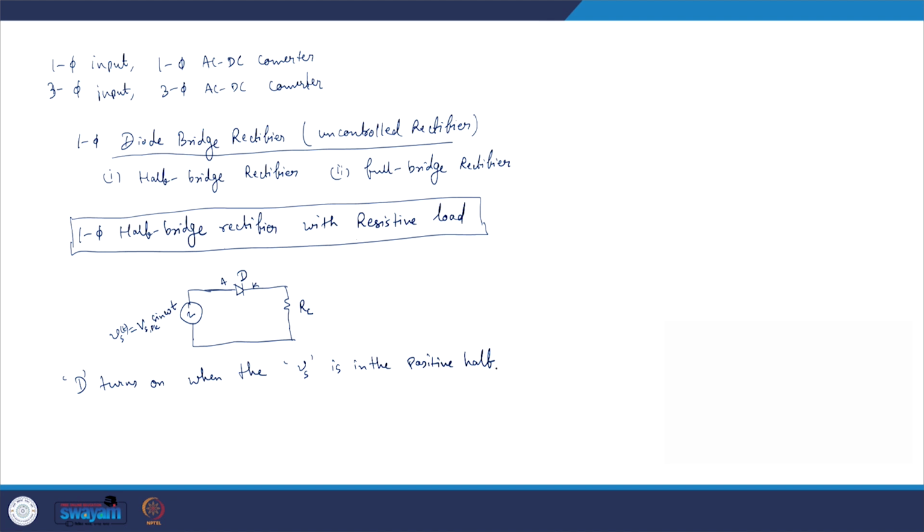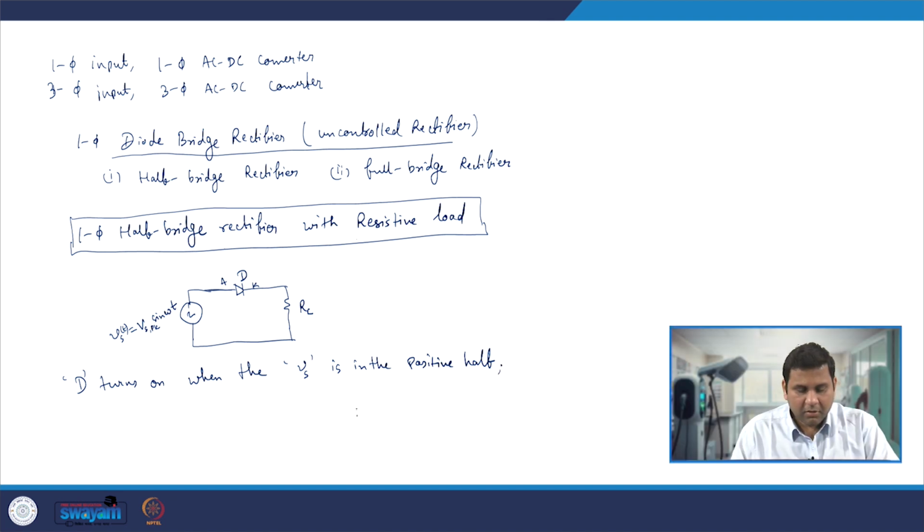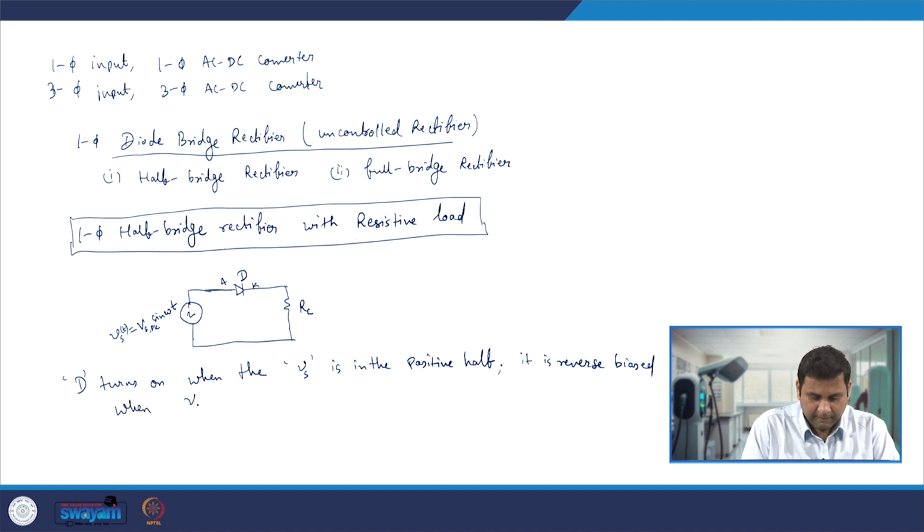So, it turns on, or you can say forward biased, when Vs is in the positive half cycle, and it is reverse biased when Vs is in the negative half cycle.